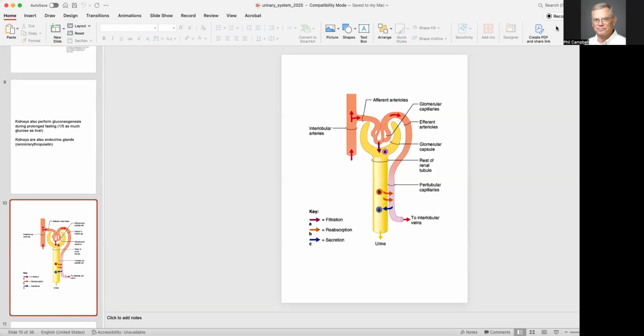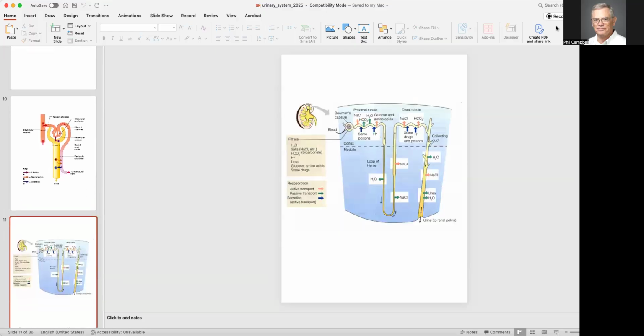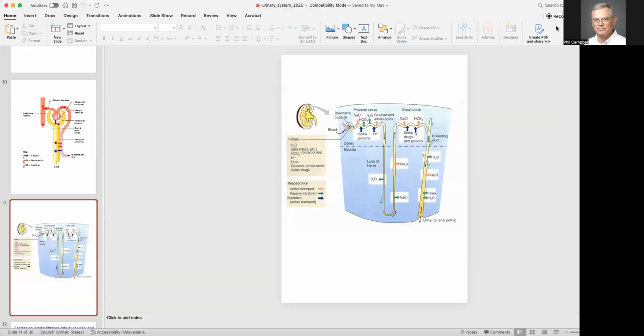This is captured by the Bowman's capsule, and then it drains into the tubule, and then we can have reabsorption or secretion. All right. You only have filtration at the glomerulus. You have reabsorption and secretion depending on where you're at; things are different along the length of that tubule.